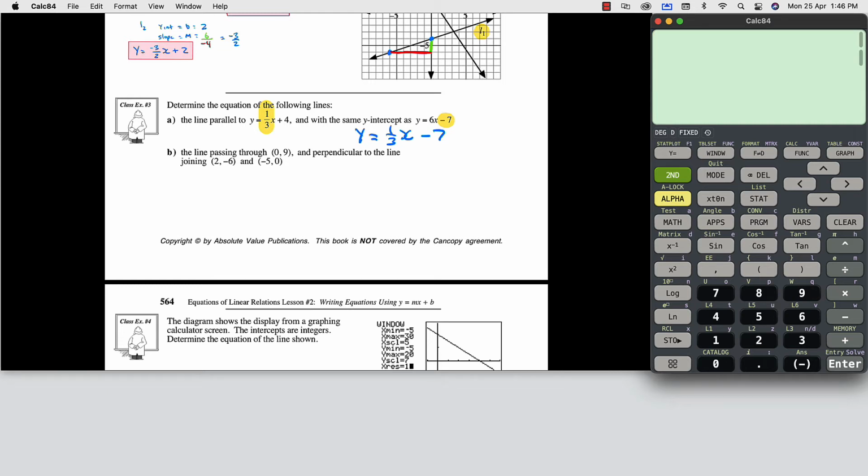Part B says we've got a point passing through 0 and 9, and if I was to identify those as x and y, we know that if it has an x value of 0, that will be the y-intercept of our line. And what does it say right here? It's going to be perpendicular.